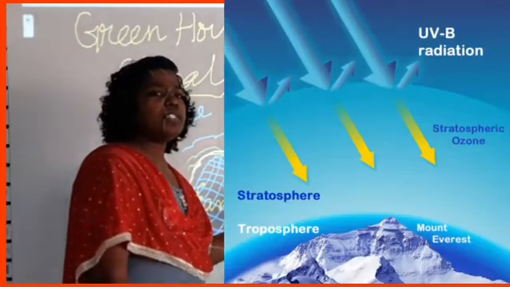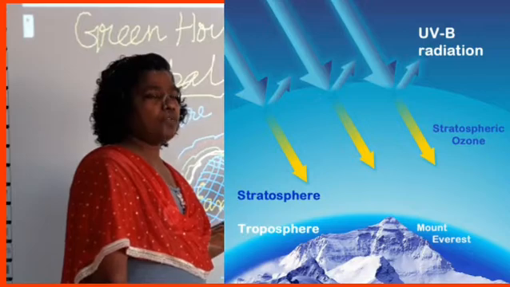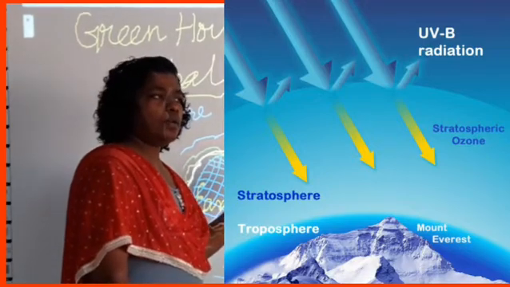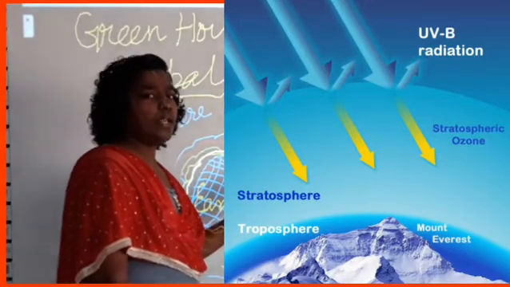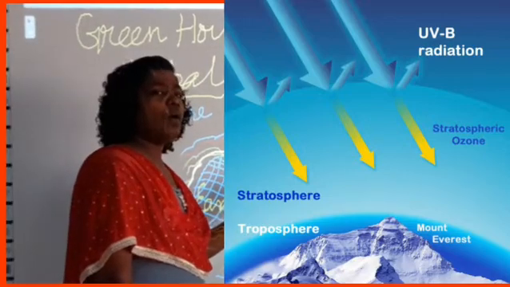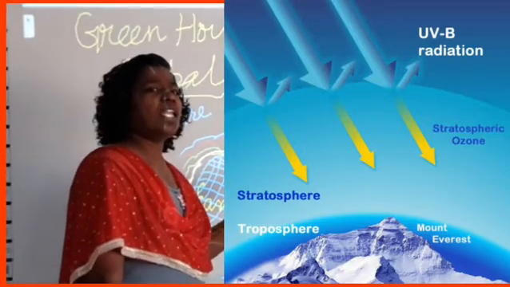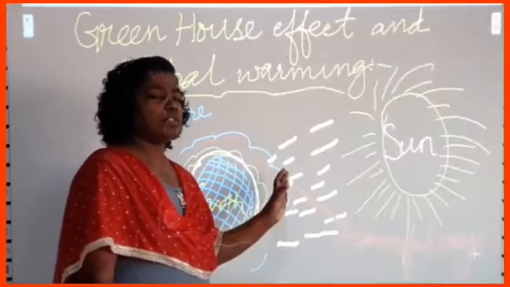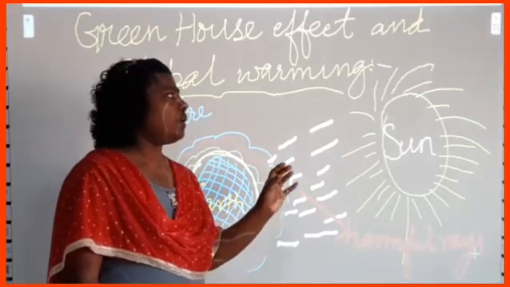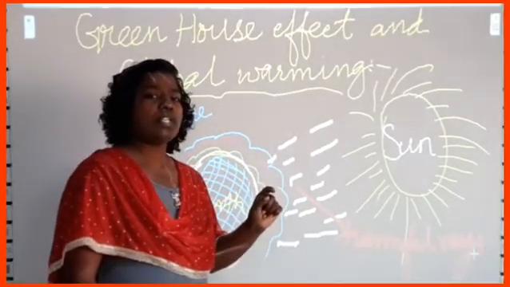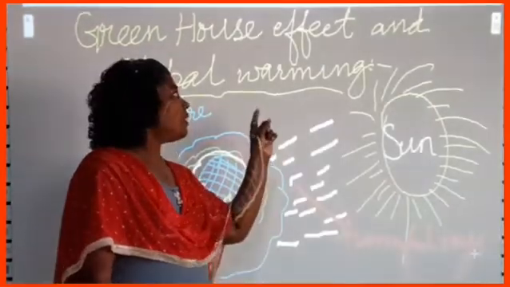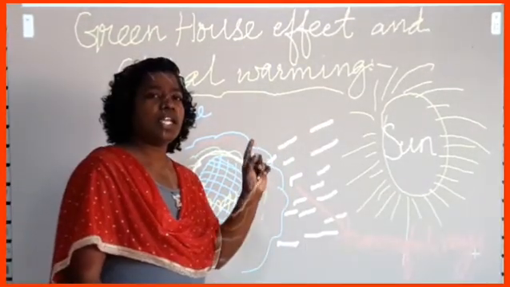This prevents the heat of the sun that falls on the earth. That's why we call these gases greenhouse gases. Now we understood why we call them greenhouse gases.